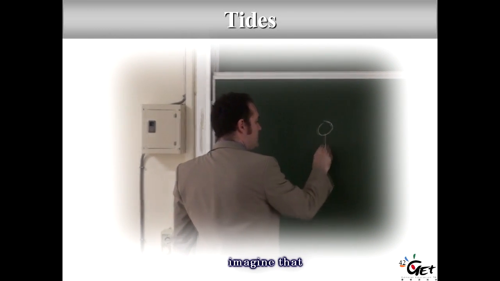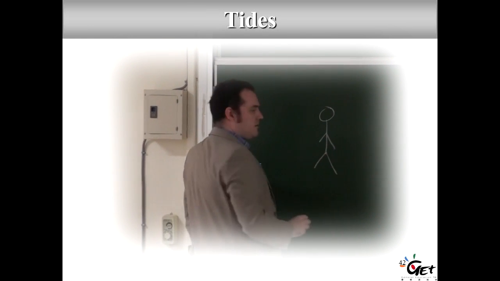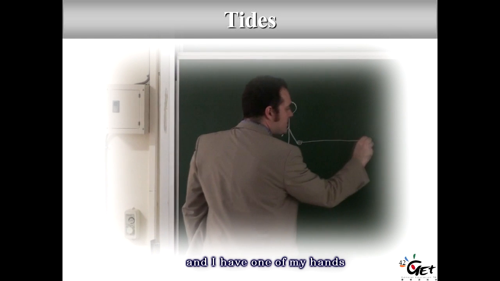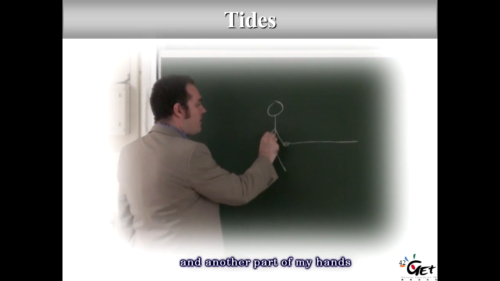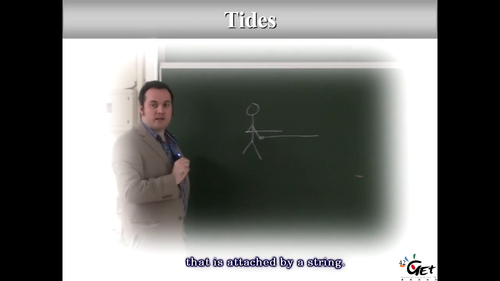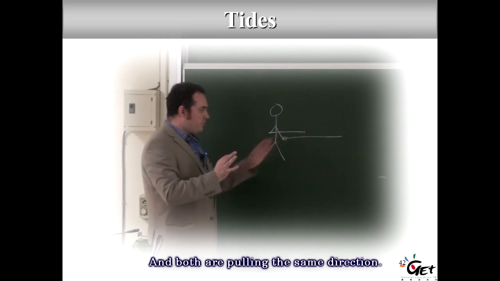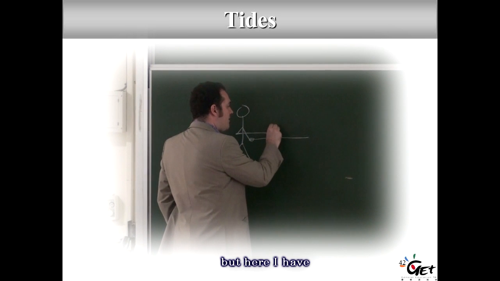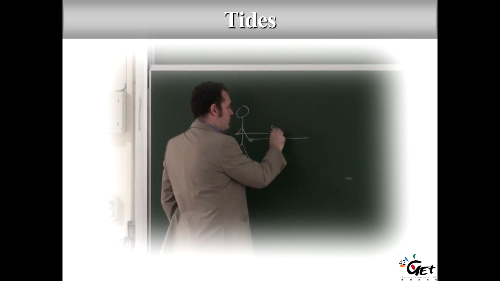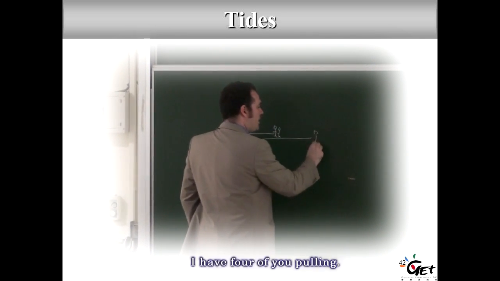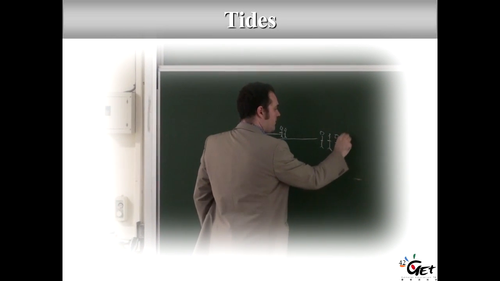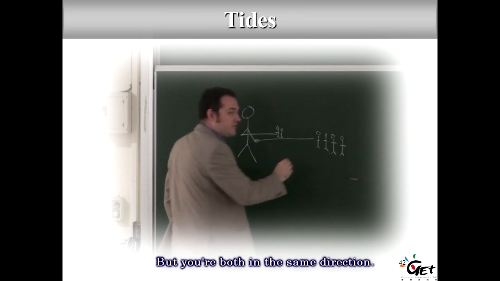Imagine that you're here, I'm here, and I have one of my hands attached by a string, and another part of my hand attached by a string. And both are pulling in the same direction, but here I have two of you pulling, and here I have four of you pulling. But you're both in the same direction.